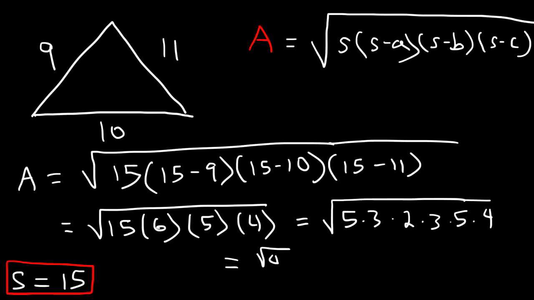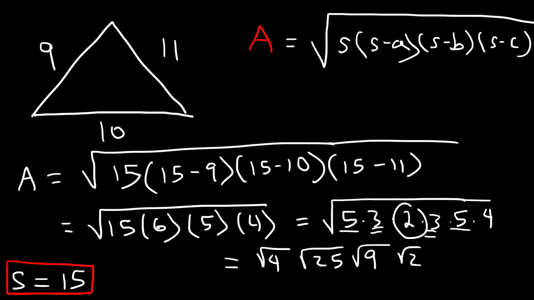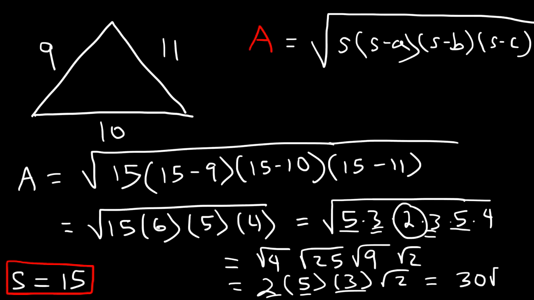So we have the square root of 4. 5 times 5 is 25, so I'm going to write that as the square root of 25. 3 times 3 is 9, and then we have a 2 left over on the inside. The square root of 4 is 2. The square root of 25 is 5. The square root of 9 is 3. 2 times 5 is 10. 10 times 3 is 30. So the area, the exact answer, is 30 square root 2.